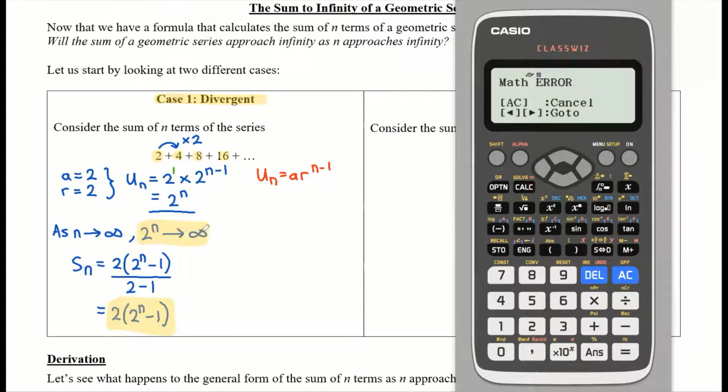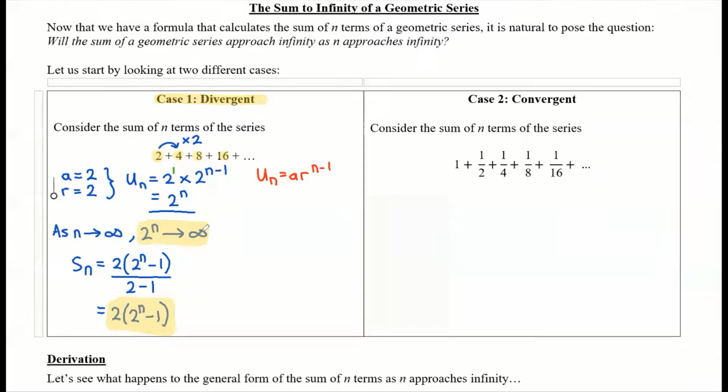So this part here tells us what's happening to the sequence. Each term is getting bigger and bigger and approaching infinity. But obviously, as we're adding terms, the sum is also going to approach infinity. And we can see that clearly, because notice that we have the 2 to the power n appearing again.